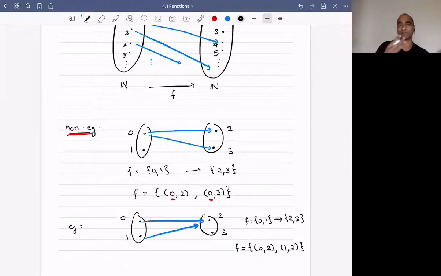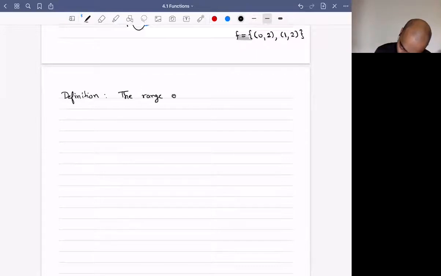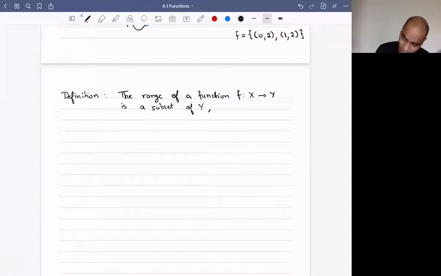But as with everything we have been doing so far, the devil is in the detail. As long as you stick to the definition of function as it is defined using sets, you should be fine. There's one concept we need to know here. And again, this is something you already know. The range of a function f from x to y is a subset of y given by all the y in y such that f of x equals y for some x.